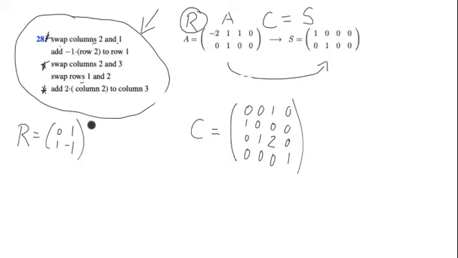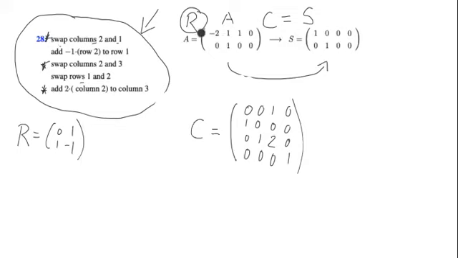Okay, so we're going to say R times A times C. Let's first do R times A. And let's think of a row interpretation of matrix multiplication. So we take this row and so what's going to be on the first row of the output when we multiply R and A?